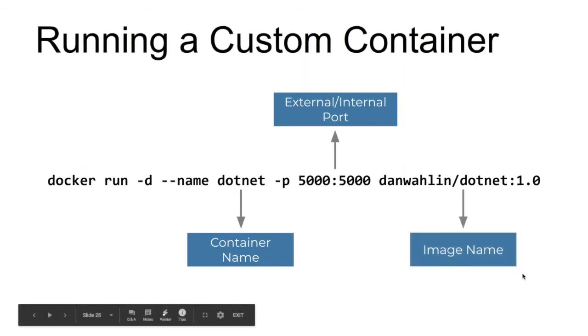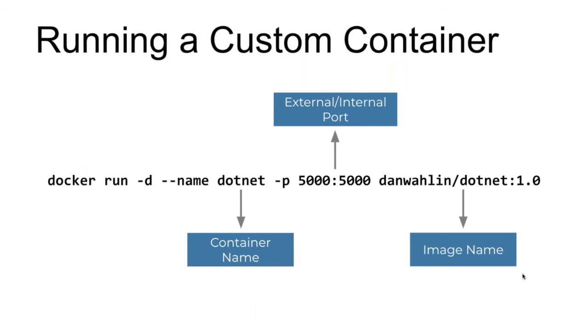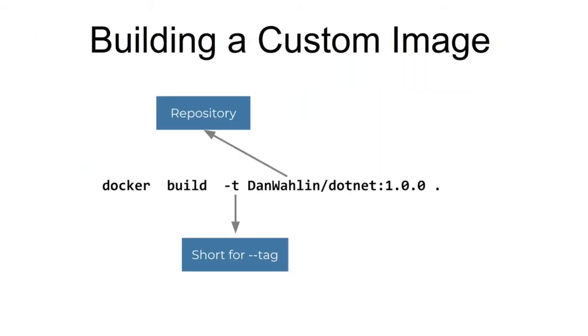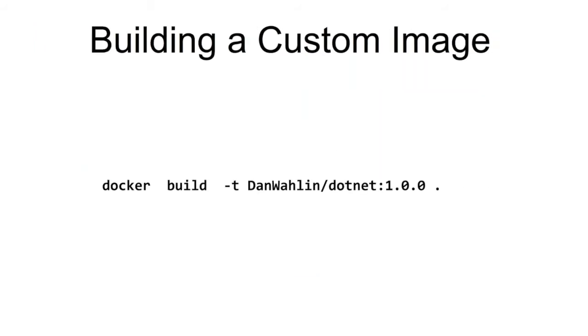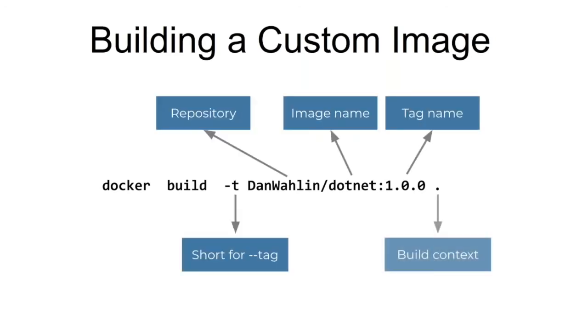Now you'll notice we then say, all right, what is the image that we want to run? In this case, we're saying our dotnet 1.0, or 1.0.0 I had, whatever it is, that would go right here. Now from a developer standpoint, let's go back real quick. This is like doing a build in Visual Studio or a dotnet build if you use the CLI. That's what this is doing. But instead of building DLLs, we're building the recipe, the image.